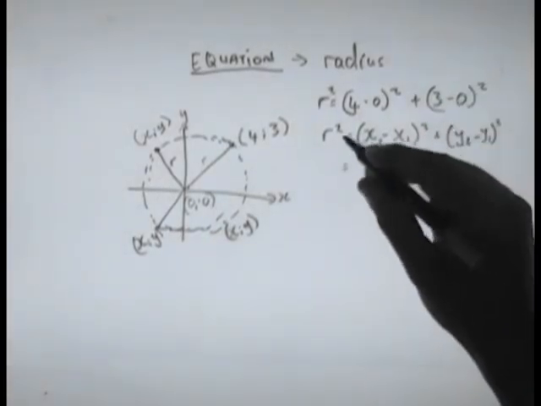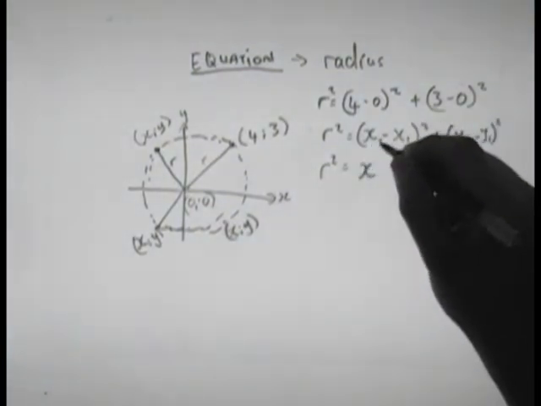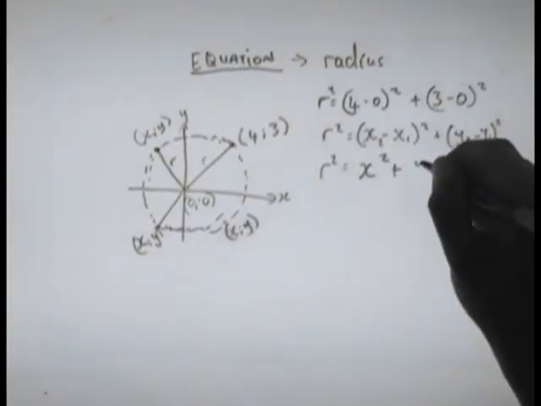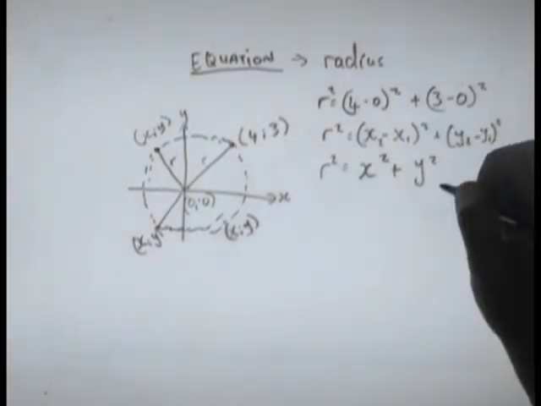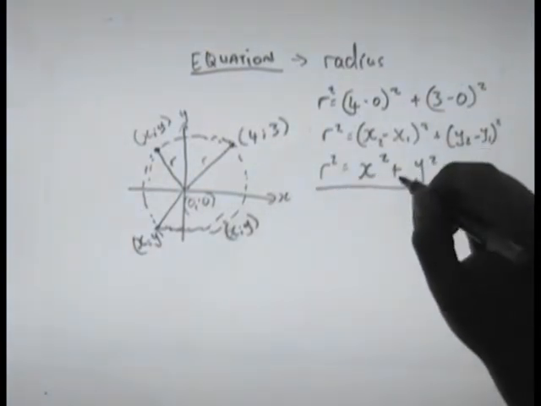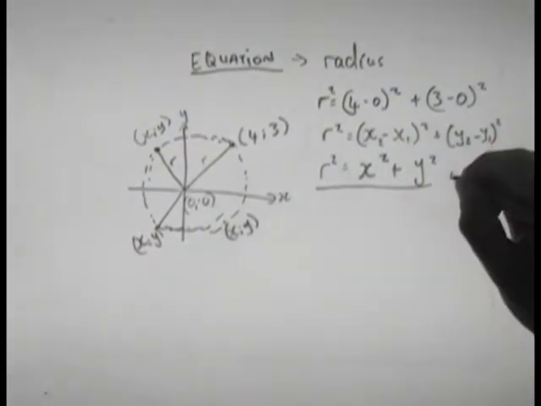That means that r squared is going to equal x minus 0, which is just x squared, plus y squared. And this is the standard equation for a circle centered at the origin. Let's just write that in. That's centered at origin.